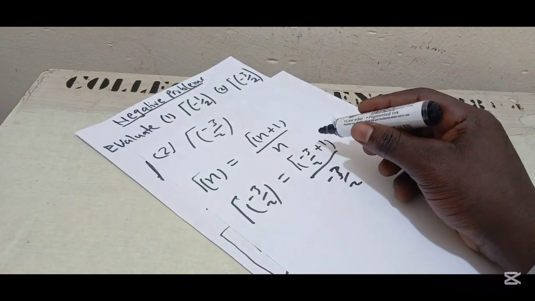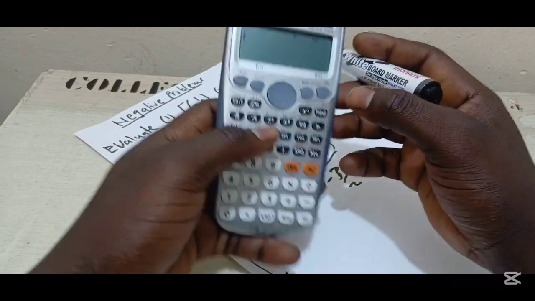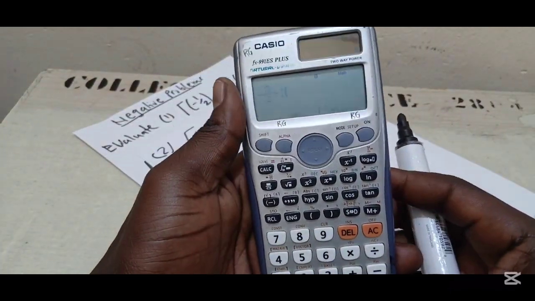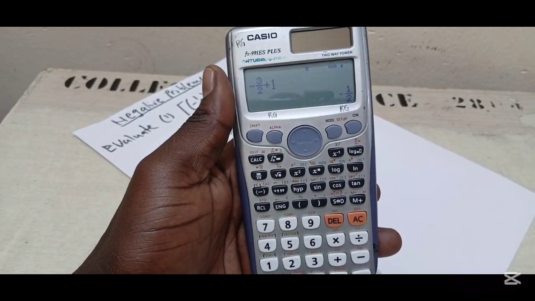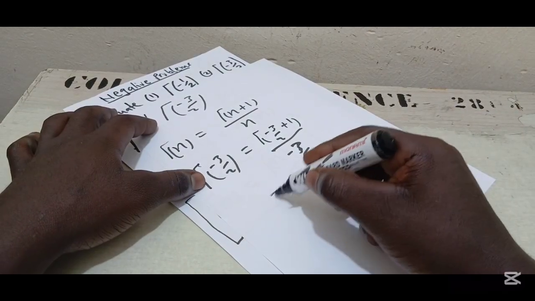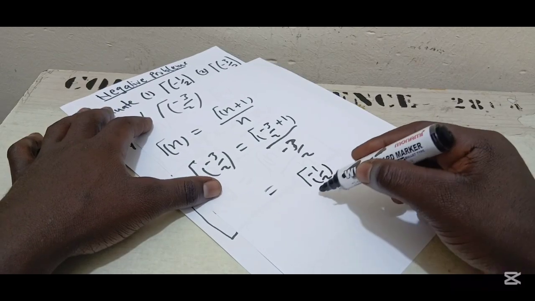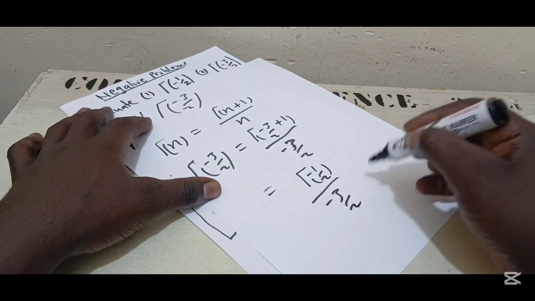And this one we are allowed to punch on our calculator and simplify. So minus 3 on 2 plus 1 is going to give us minus half. So this should be equal to gamma minus half all on minus 3 on 2.